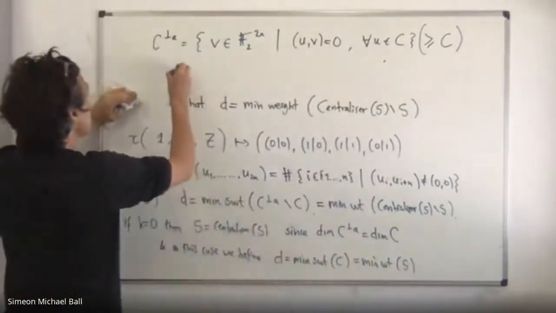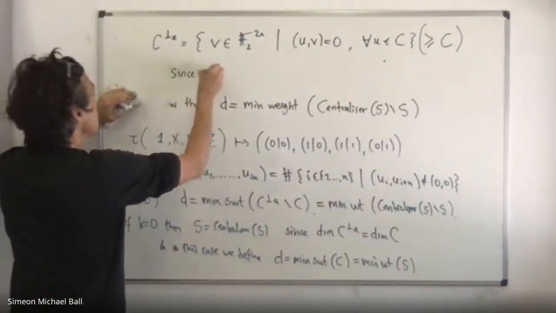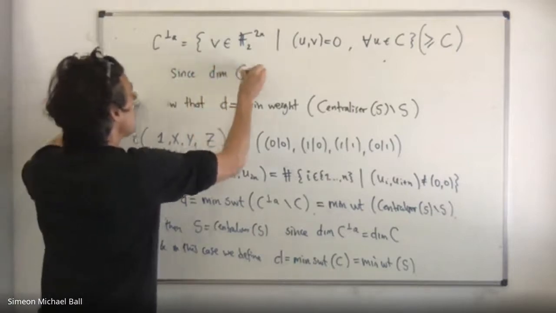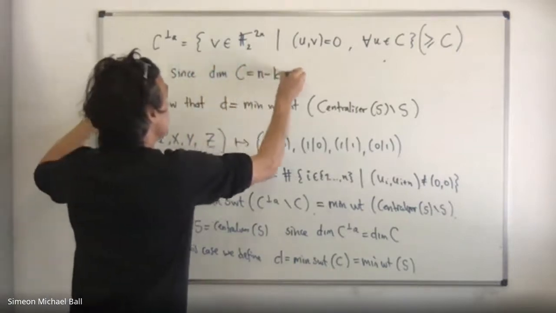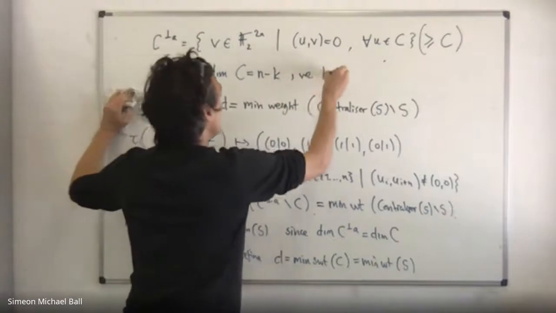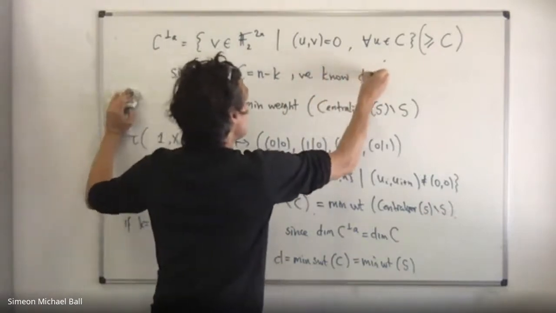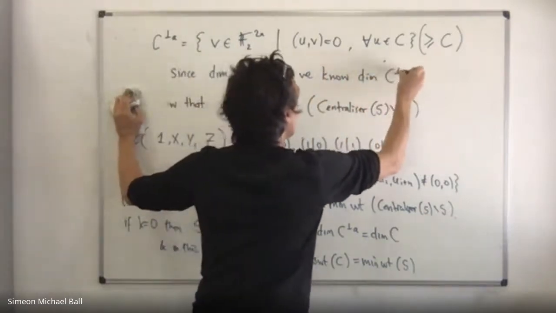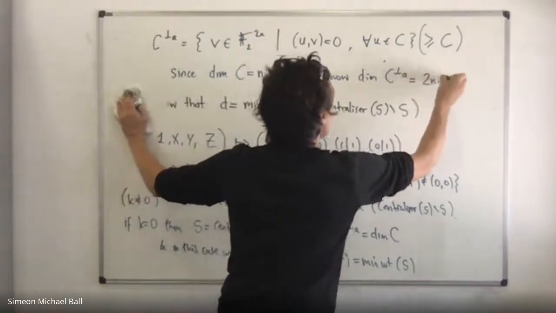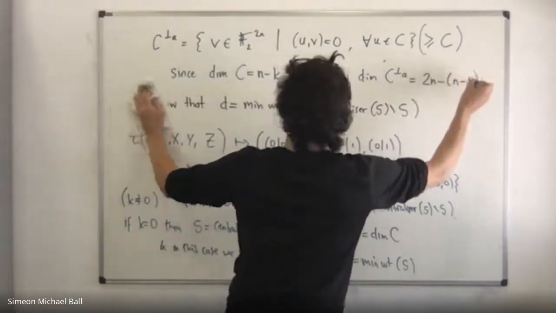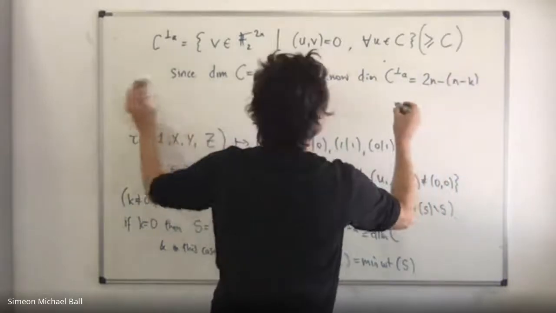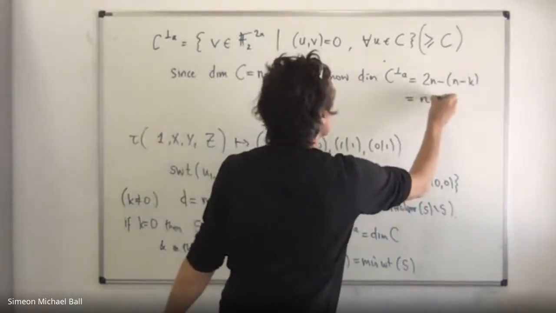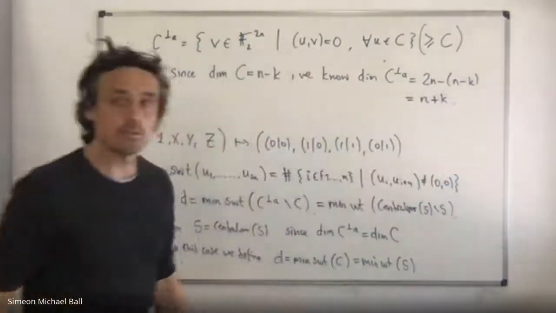So since the dimension of C is equal to n minus k, we know that the dimension of C perp A is 2n minus n minus k, which is equal to n plus k.